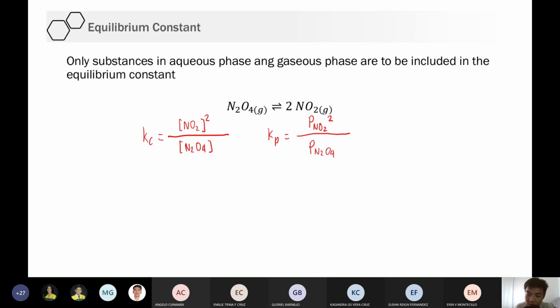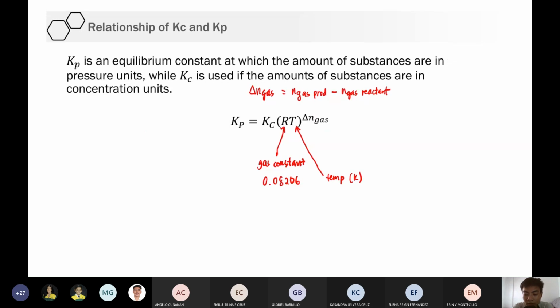May letter P instead of the square bracket. So for gaseous equations, Kp and Kc are both related by the equation Kp equals Kc RT raised to delta N gas. So kunwari, given yung Kc, hanapin mo yung Kp, solve it using this equation, and vice versa.